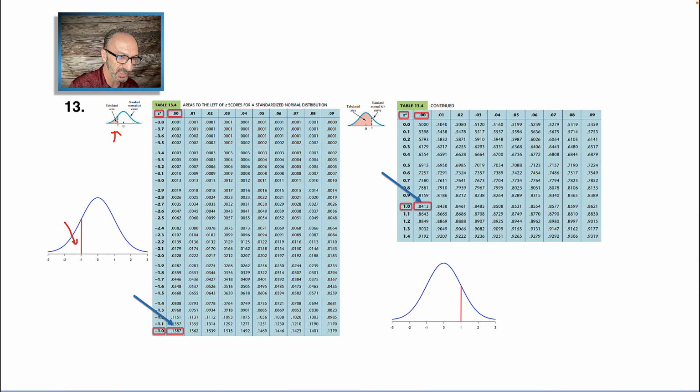But most books use the left side. So for negative 1, it reads as 0.1587, and under 1, of course, it's more than 50%. It reads as 0.8413.